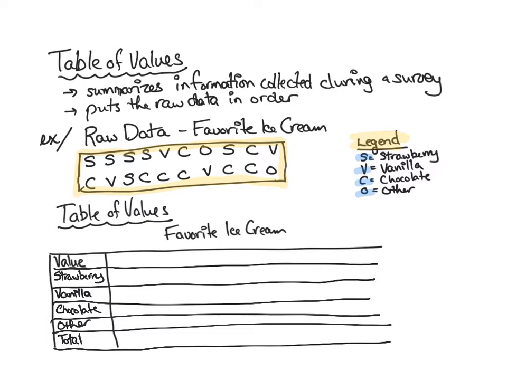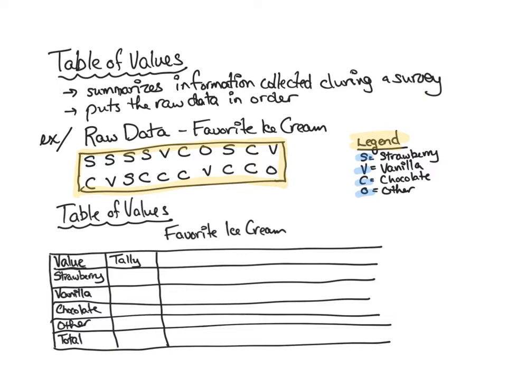Now we can make what is called a tally chart. A tally chart is not a required column in the table of values, but it can help when you're trying to create the frequency table or table of values, because it helps you count in an easier way.